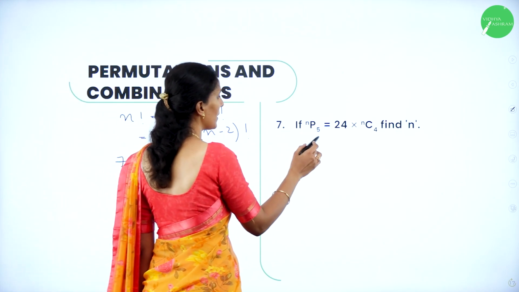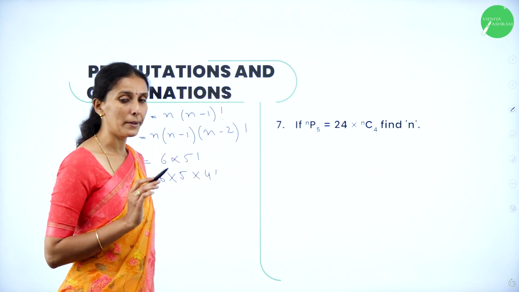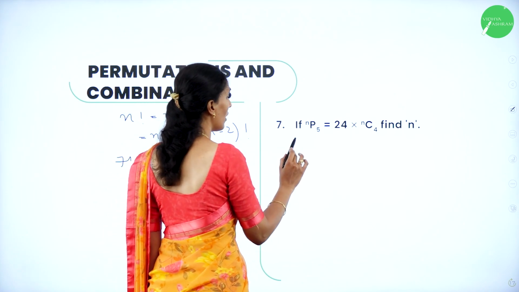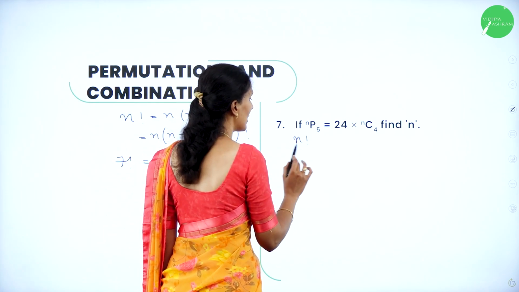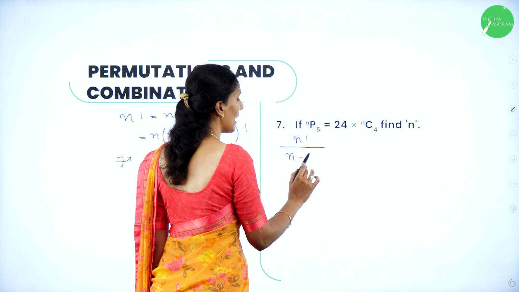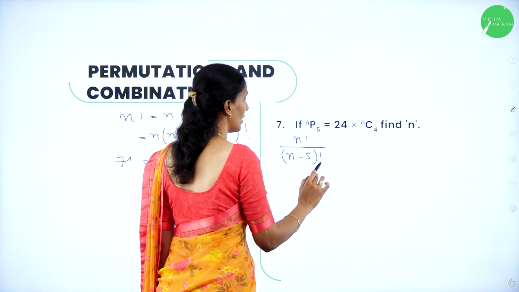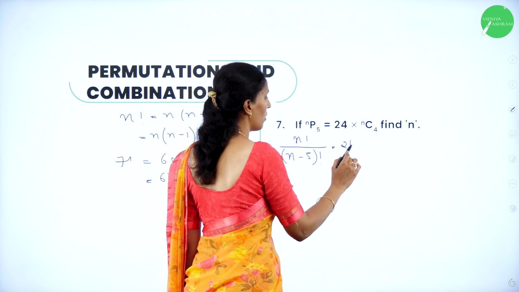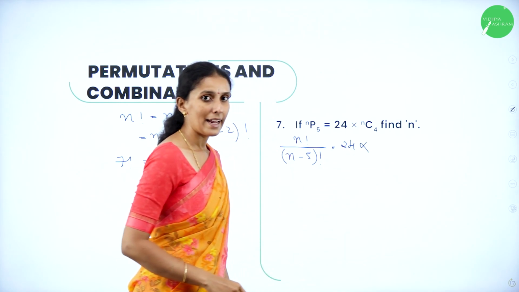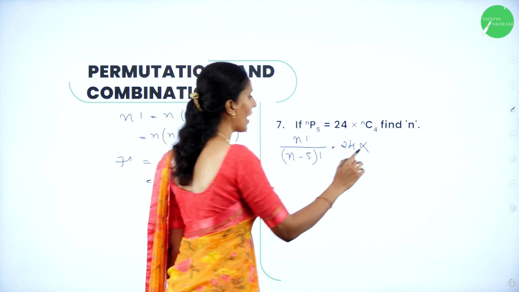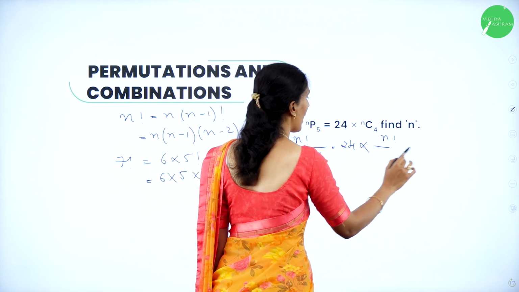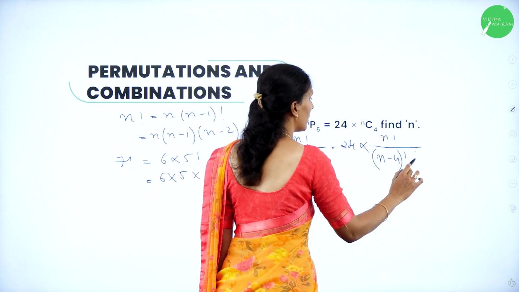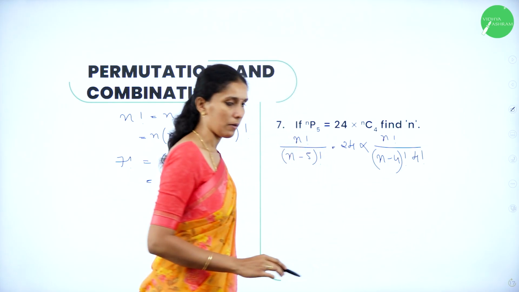We have nP5. What is the formula for permutation? n factorial by (n minus r) factorial. So this can be written as n factorial by (n minus 5) factorial. Then we have 24. Again, what is nC4? nC4 is n factorial by (n minus 4) factorial into 4 factorial.